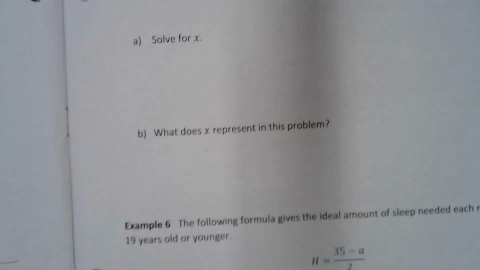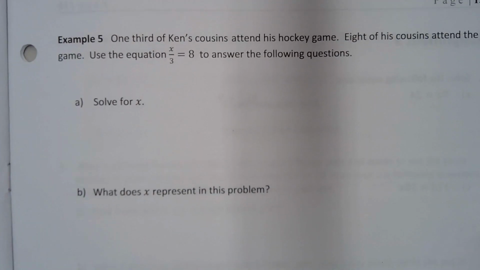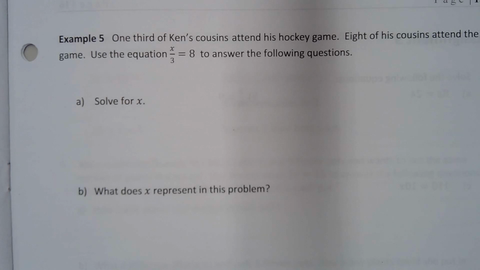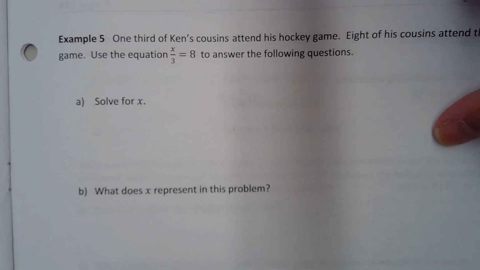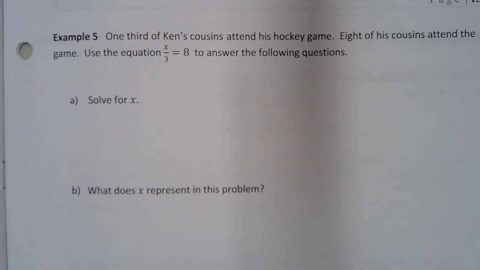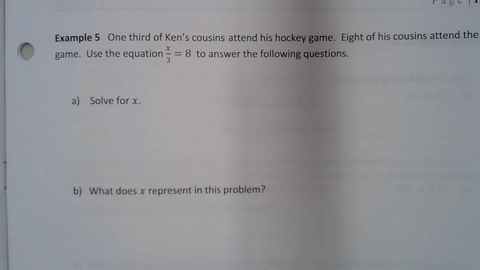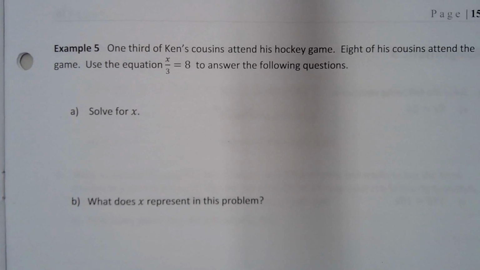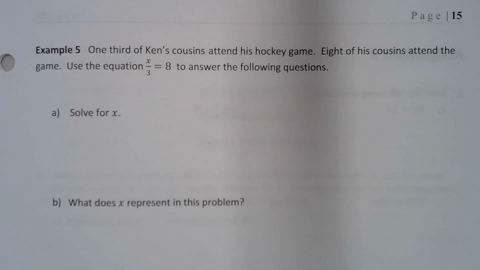Let's take a look at example 5. You know what? I was going to do example 6 later on. Oh no, I think we could do number 6. Okay, never mind. Okay, example 5.